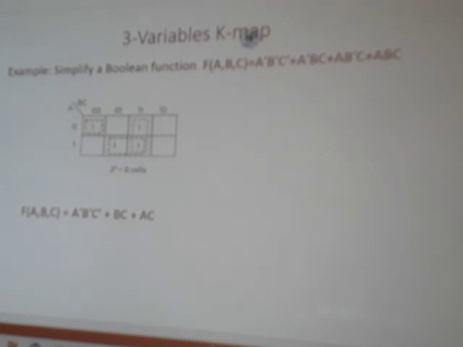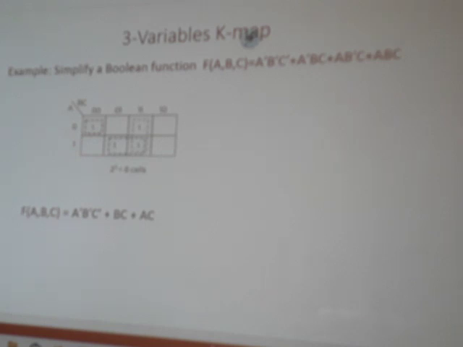Now we draw a K-map of 8 squares, and we label these squares 00, 01, 11, 10 along the horizontal direction, and along the vertical direction we write 0, 1. Now we have three variables a, b, c.